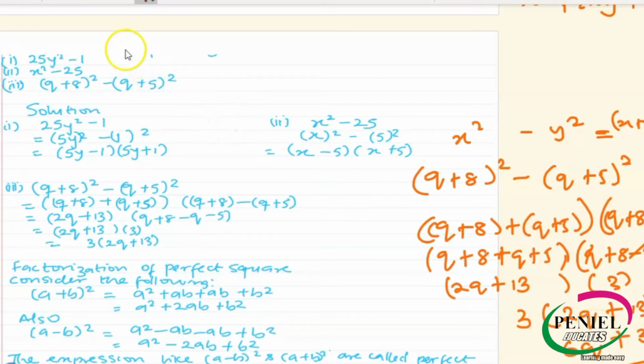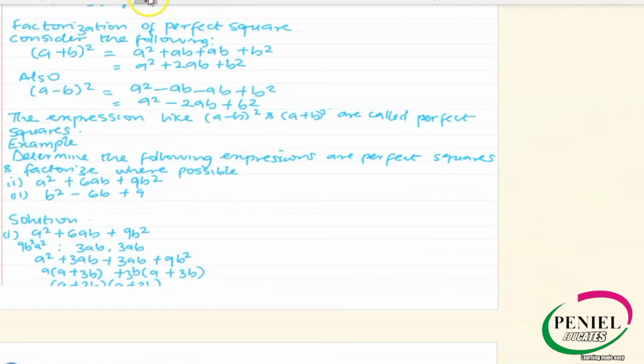So that is the difference of 2 squares. Let us look at factorization of perfect squares. When I was talking about the difference of 2 squares the other time, I mentioned certain expressions which I also want to state again here.